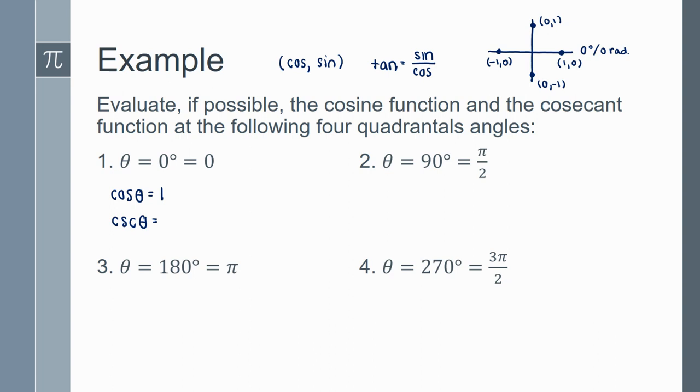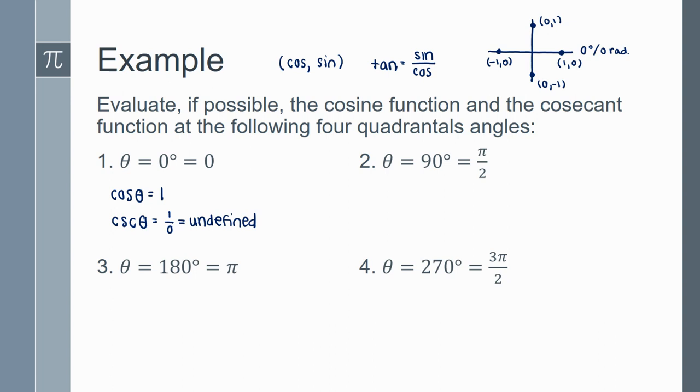It's the reciprocal. Sine is the second number in the ordered pair, and it's 0. So think about flipping it around. Technically, that's 0 over 1, which means that cosecant would become 1 over 0. But hopefully you noticed I can't divide by 0. So there, we would have our cosecant undefined. And those are my 2 answers.